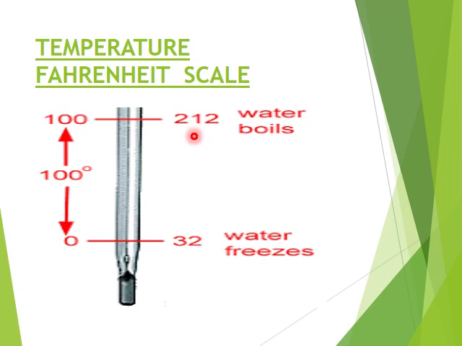So the degrees between 32 and 212 total 100. This is called the Fahrenheit scale.